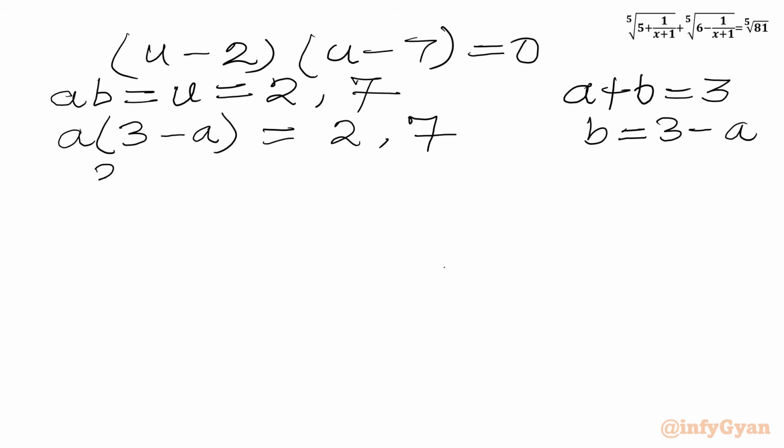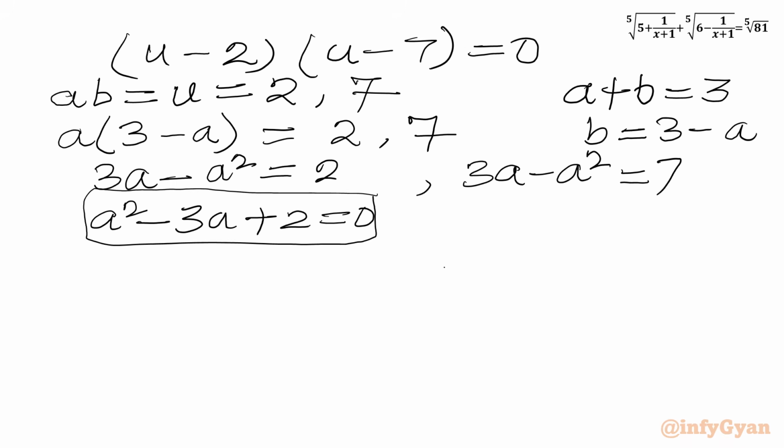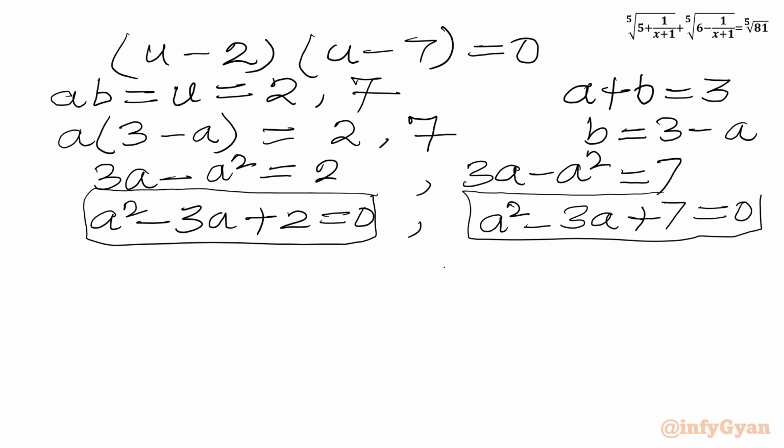Or we will write 3a − a² = 2, first equation, and 3a − a² = 7, second equation. We'll take all the terms to RHS and get the quadratic equation a² − 3a + 2 = 0, first quadratic equation, and a² − 3a + 7 = 0, second quadratic equation.